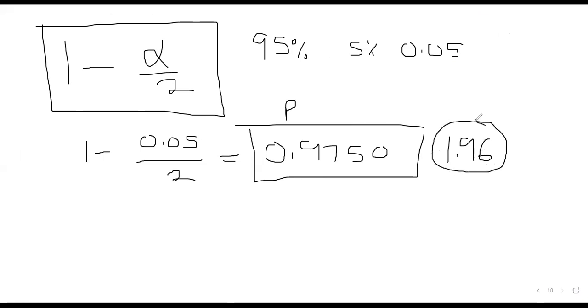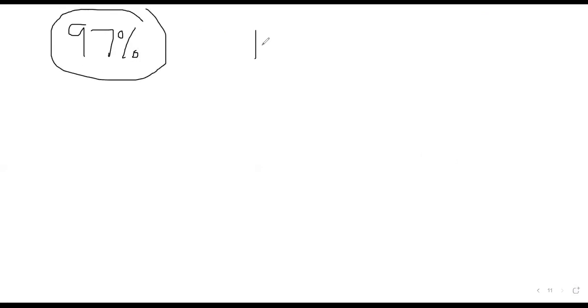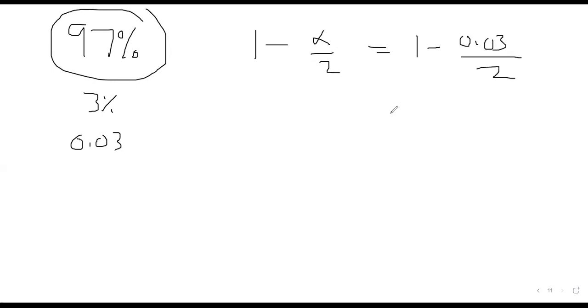Now, it's very important to know this method because sometimes the examiners will give you a percentage like 97%. So it is not part of our sum. What do we do? 1 minus alpha over 2. So here we know it's 3%, the significance level, meaning here we have 0.03. So this will be 1 minus 0.03 divided by 2.